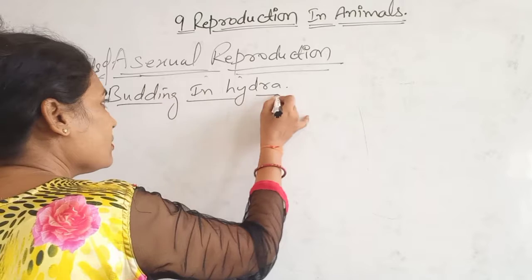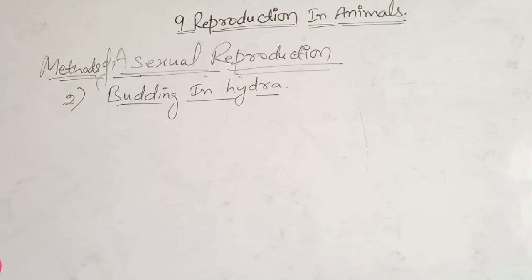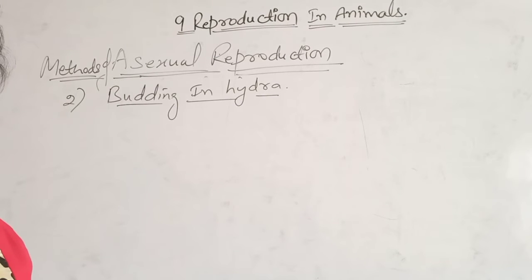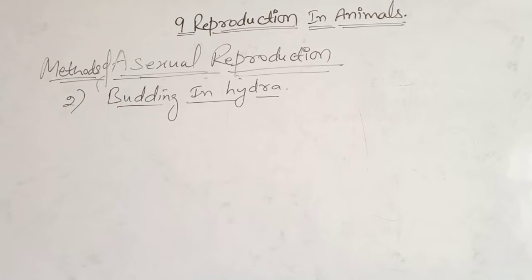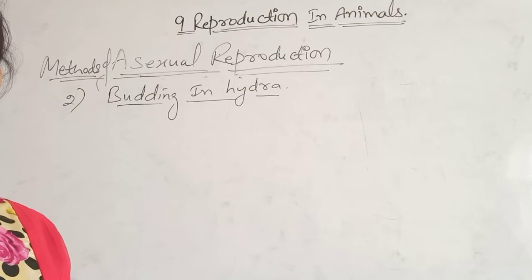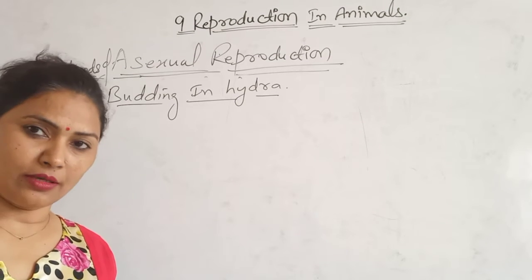In the budding process a small bud-like outgrowth appears on the body surface of the organism, and this bud later grows and finally breaks away from the parent body. This process of production of offspring by the formation of buds on the parent body is known as budding.